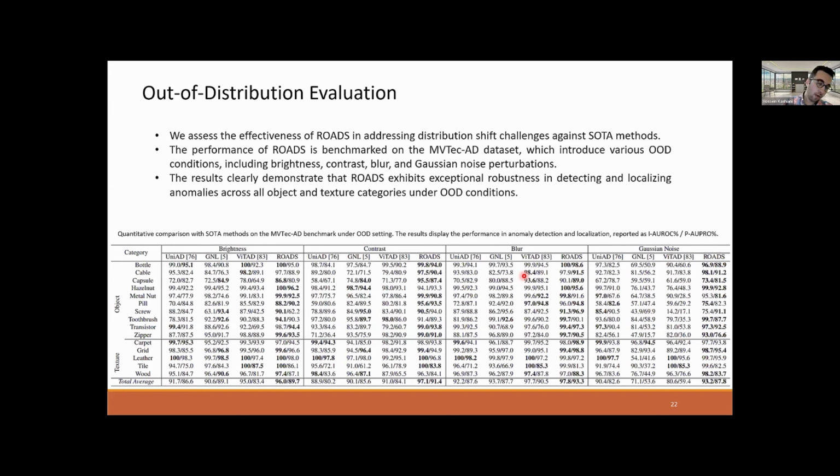We also evaluate other state-of-the-art methods such as UniAD or GNL, which are state of the art in multi-class and single-class anomaly detection, to compare with our method.